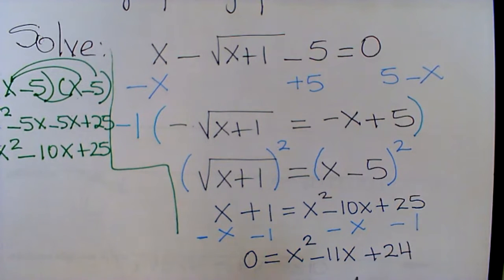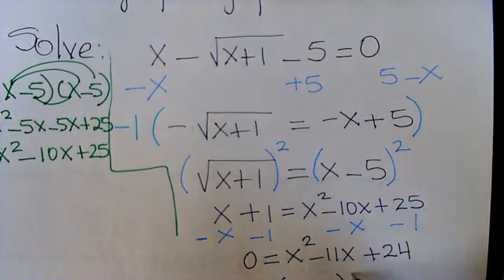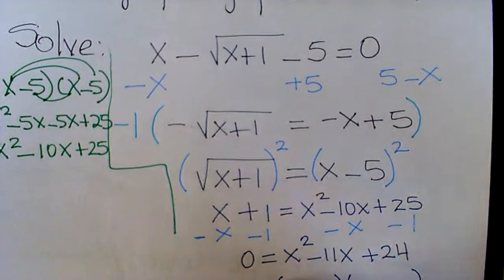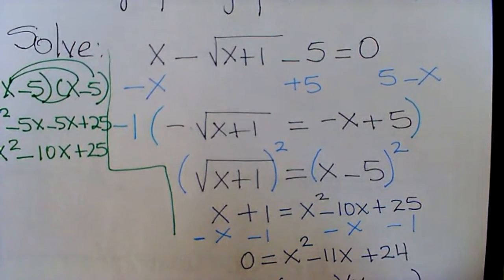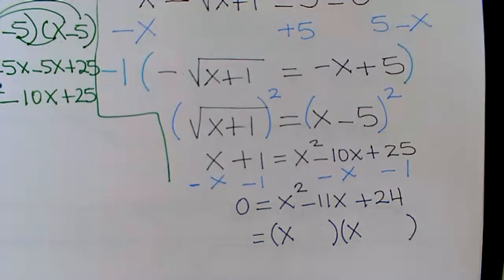You know what? We can either use the quadratic formula. Can we find two numbers? Or no? Isn't it 8 and 4? No. Can we find two numbers?